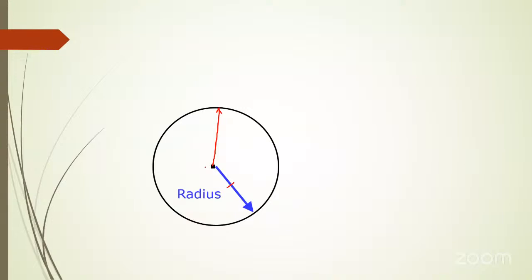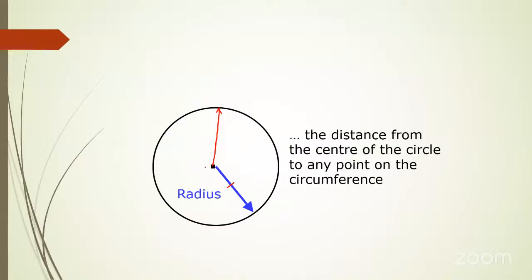Clear to everyone? Did I confuse anyone with that question? All right. Everyone seems to be good so far. No problem. So the distance from the center of the circle to any point on the circumference is the radius.